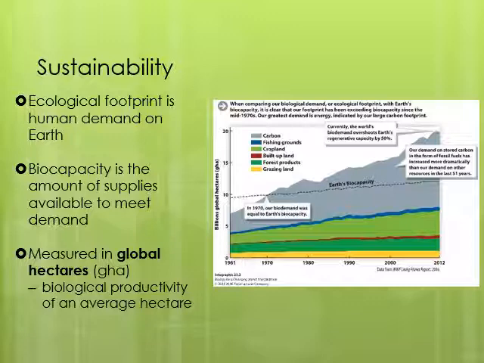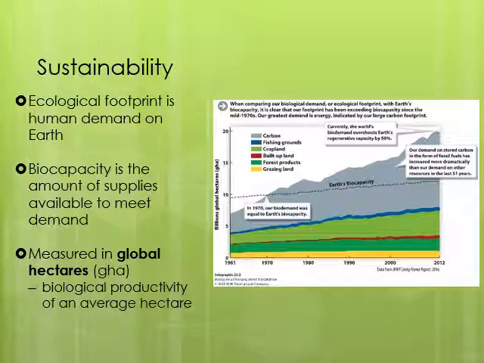Basically that gives us the biological productivity of an average hectare. A hectare is just a measurement, so how many resources are in that little space of land? And to give you an idea, in 2008, so it's been some time, our global hectares globally was 12 billion.